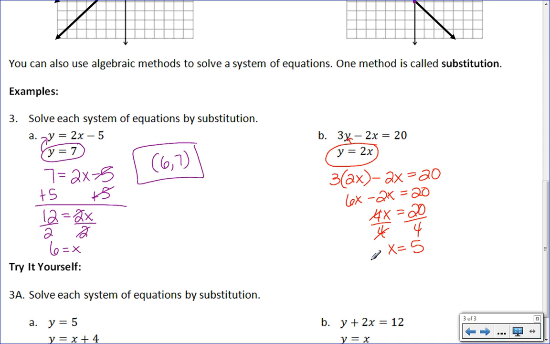So we will take this value and go back up to this equation that we substituted. And we'll substitute 5 in for x to figure out what y is. And 2 times 5 is 10. So we have an x value of 5 and a y value of 10. So the ordered pair that represents the solution to the system is 5, 10.